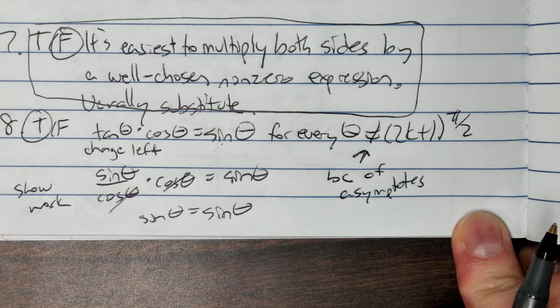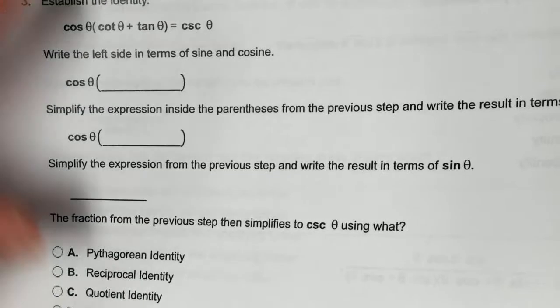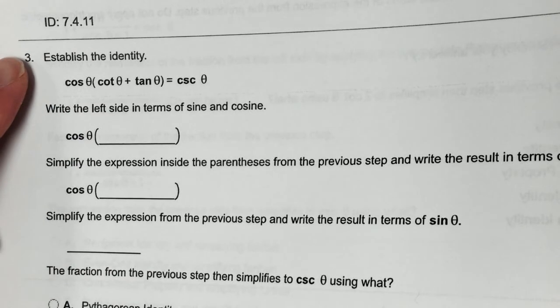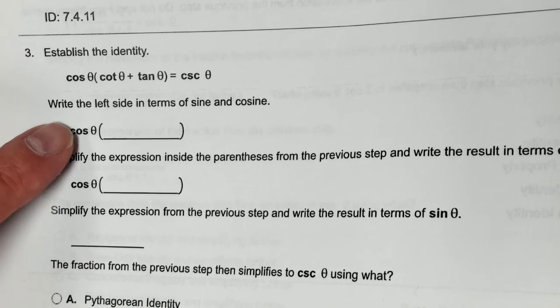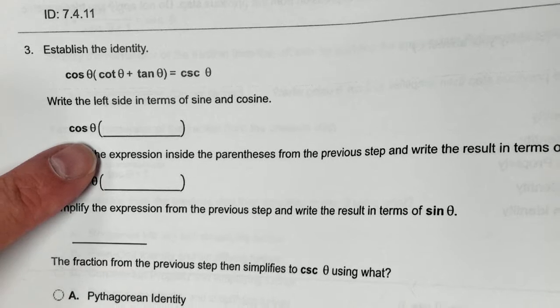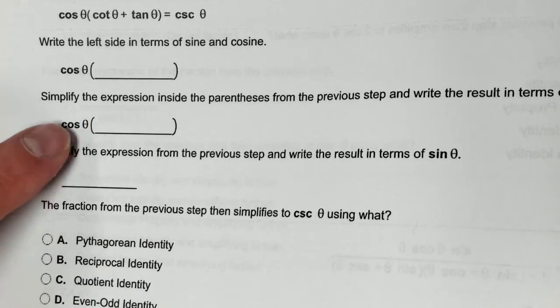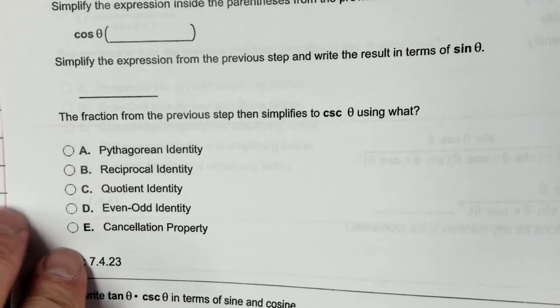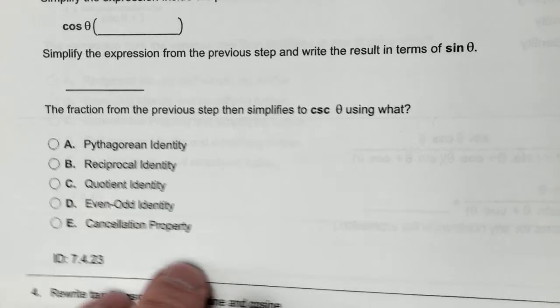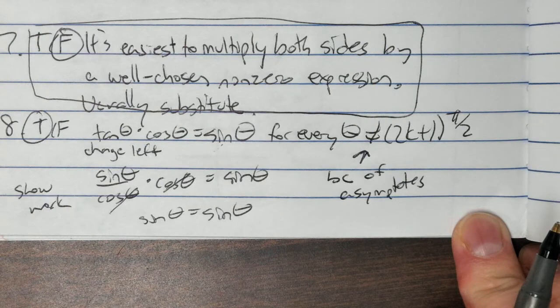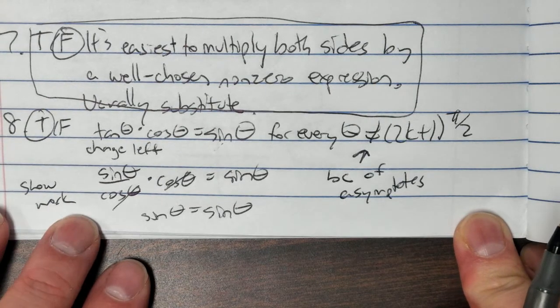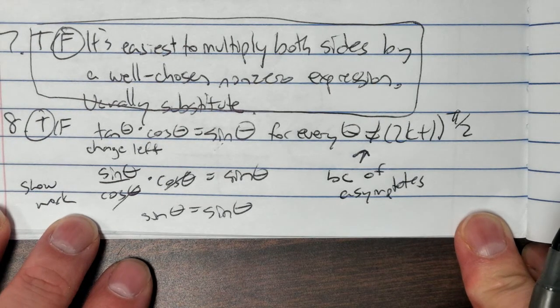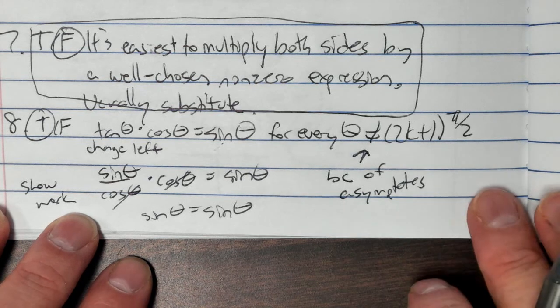So as a quick example, I'm not going to go through this whole problem, but it says establish the identity, and this says write the left side in terms of sine and cosine, simplify, and then which one. So this is pretty typical of what you're going to have to do, and that's why you're going to need to show work. Okay? Okay, so there's number 8.